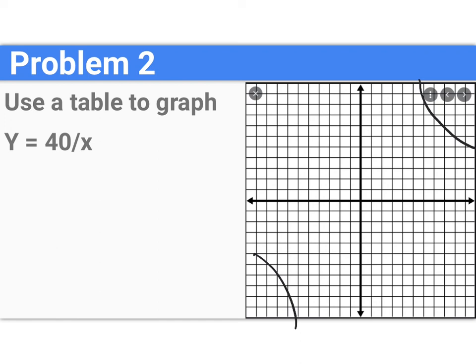I'm just going to use the calculator and show you what it looks like. But if you don't have a calculator, you can use a table of values. Put a couple of numbers in and see what you come up with: 0, 1, 2, 3, and so on and so forth. And go down a couple, put a couple of numbers in, see what you come up with.